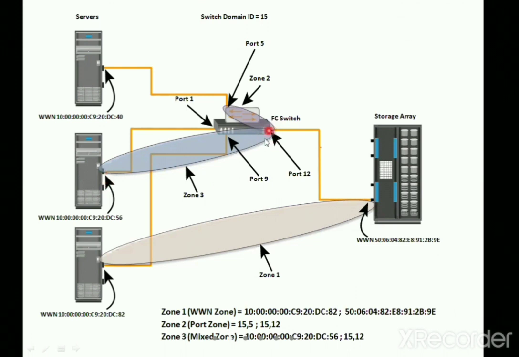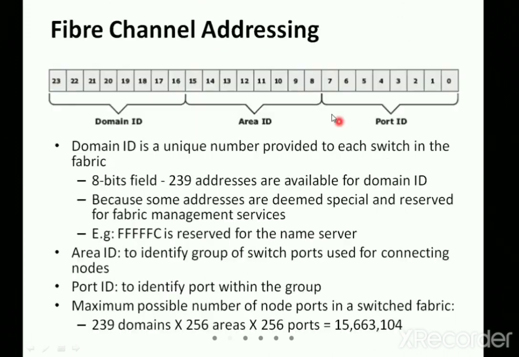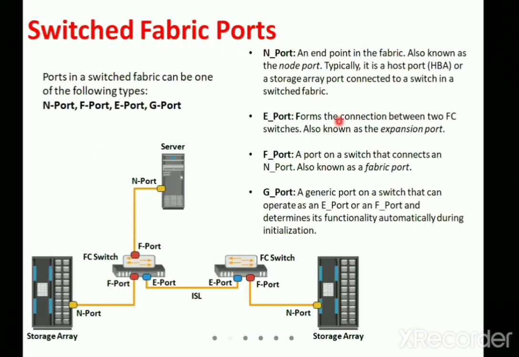If you remember yesterday's diagram, we came across the different types of ports, where we have an N port, an F port, an E port, and also a G port. N port is the node port, which we connect to the F port, that is the fabric port.